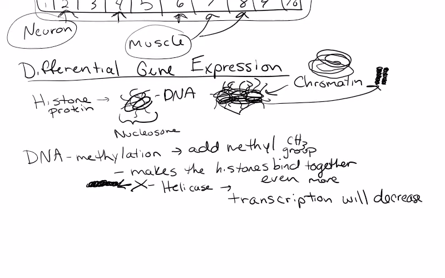We won't be able to transcribe as much because there just isn't anywhere for us to attach to if it's so tightly bound. And so what that's going to mean: less transcription, less translation, less protein being made, okay, which means less expression of the protein. And so this idea of methylation of these histones, keeping them more tightly packed, it's going to keep a gene from being expressed.